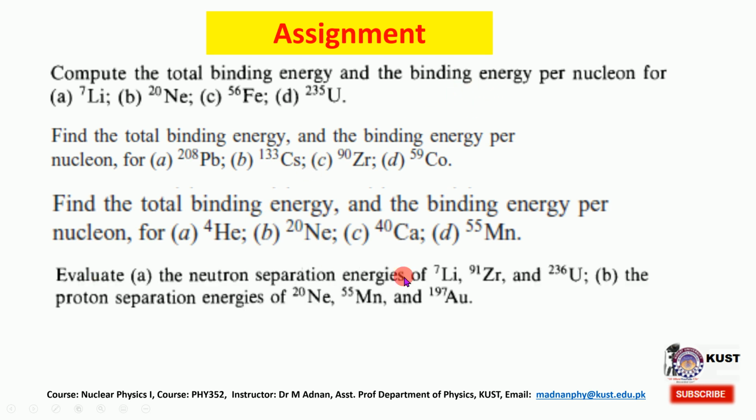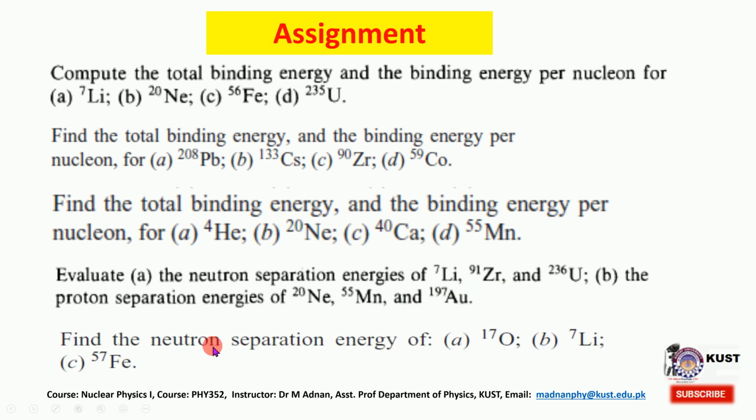Also, you need to calculate the neutron separation energy and the proton separation energy for these elements using those expressions. You need to make sure that those answers will be in the 5 to 10 mega electron volt regime. And this is the last problem, in which you have to find the neutron separation energy only.